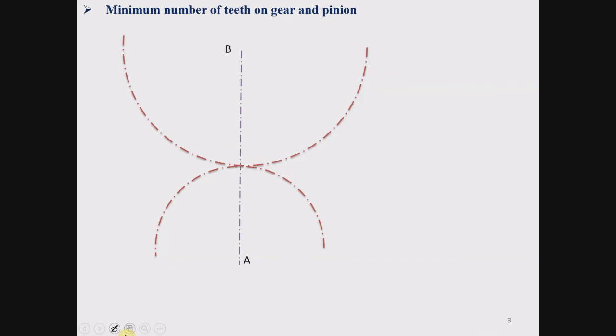Mark centers A and B and draw the center line AB. Then show the pitch point P, which is the point of contact of two pitch circles, and it must lie on the center line AB.